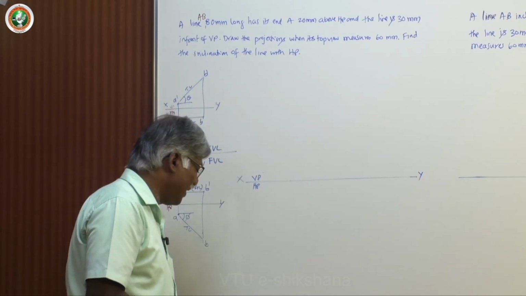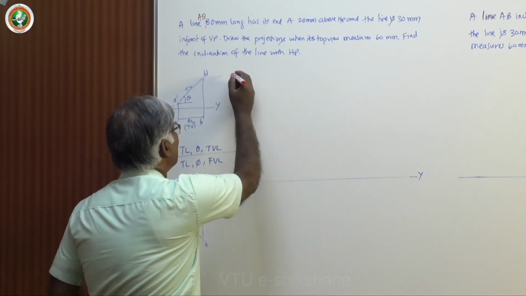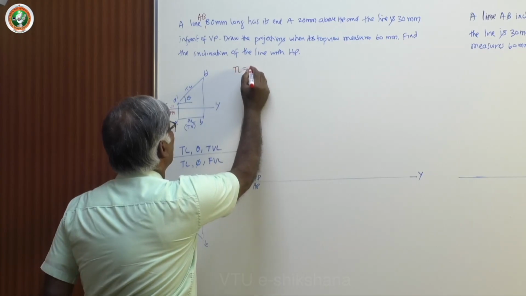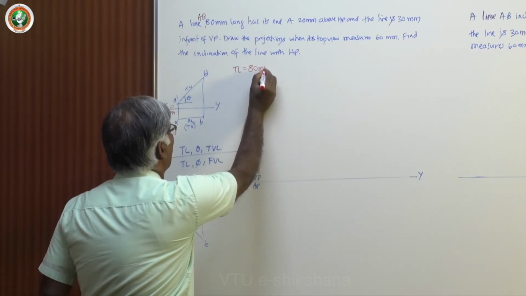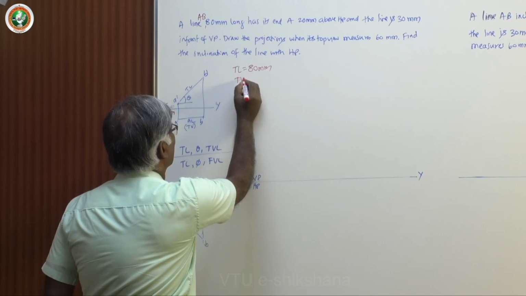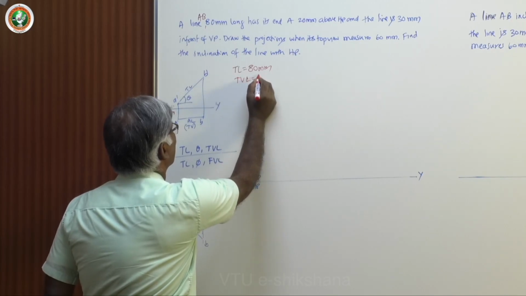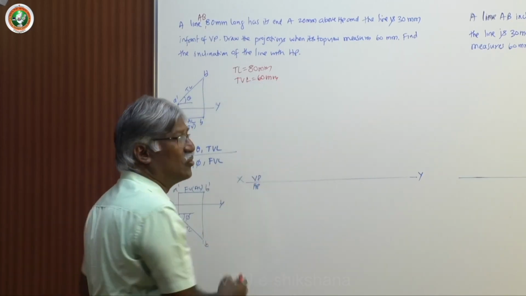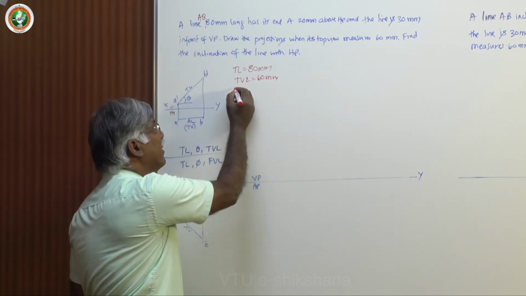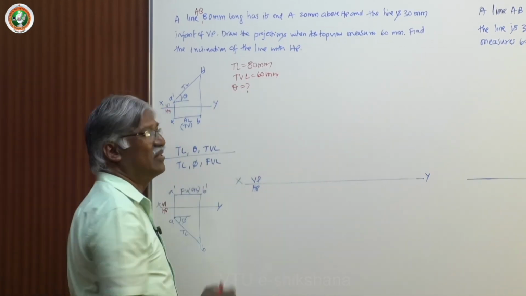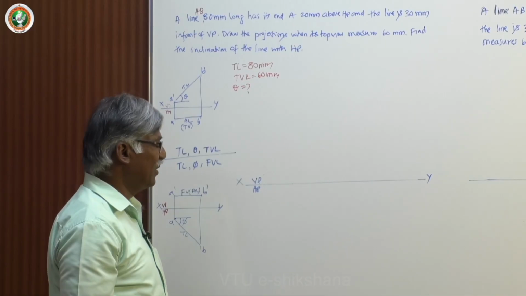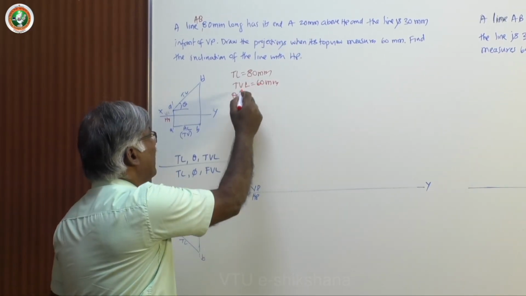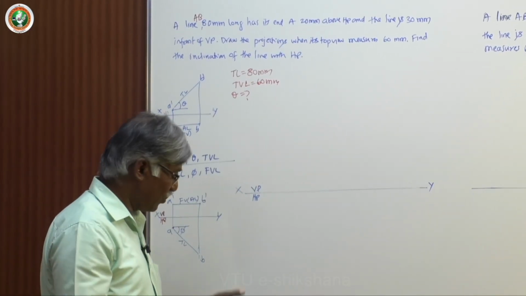So what all is given here? True length is given, 80 mm, and top view length is given, that is 60 mm. So we have to find out theta, the inclination of the line with HP. Normally these two will be given, we identify them and then proceed.